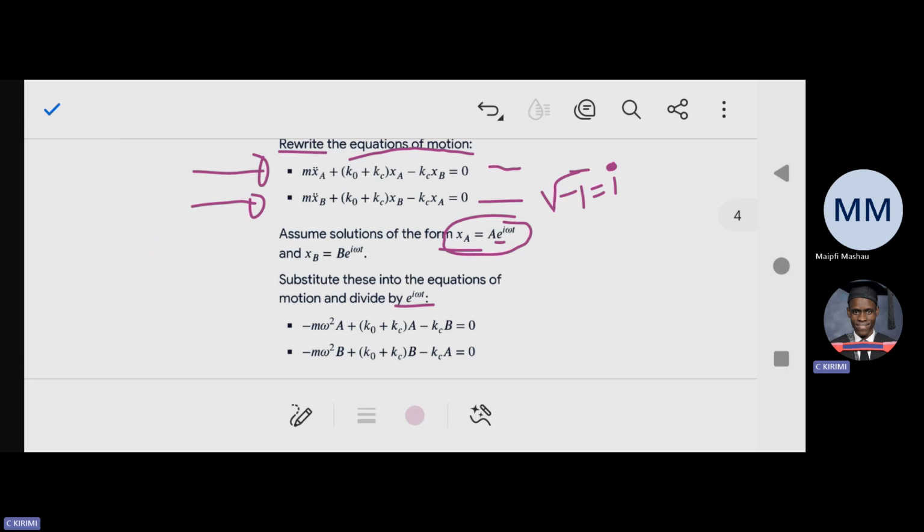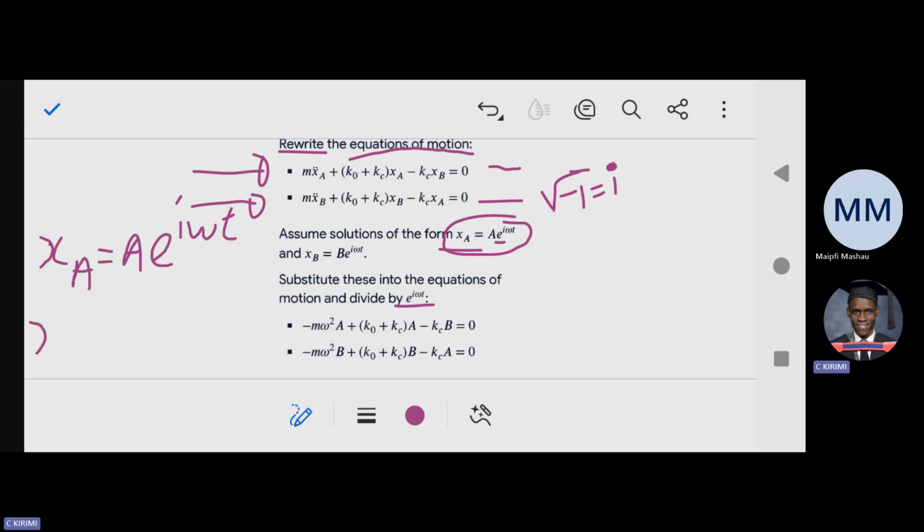You say mass times acceleration for the first equation, which means you differentiate, like what we're doing, where we are given XA equals A e to the power i omega 1 t.